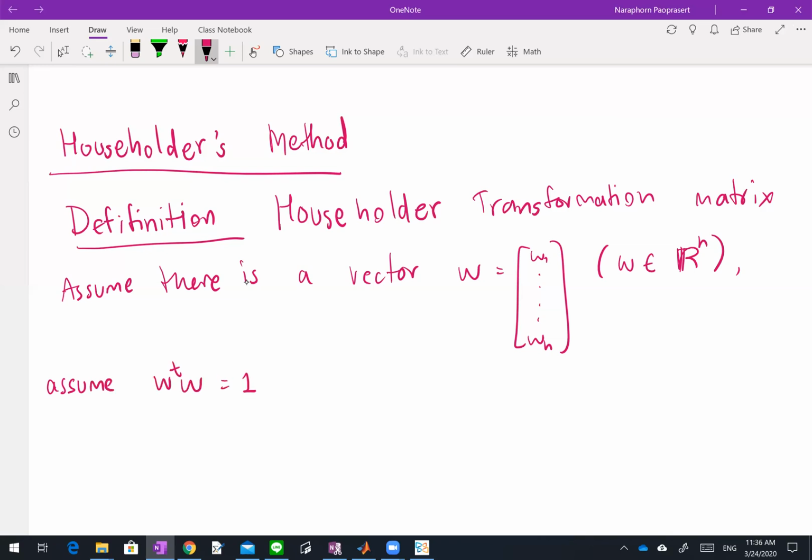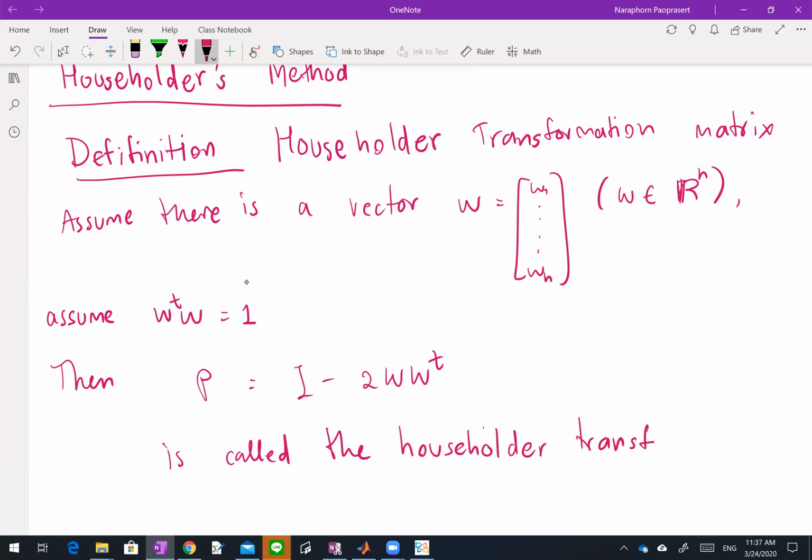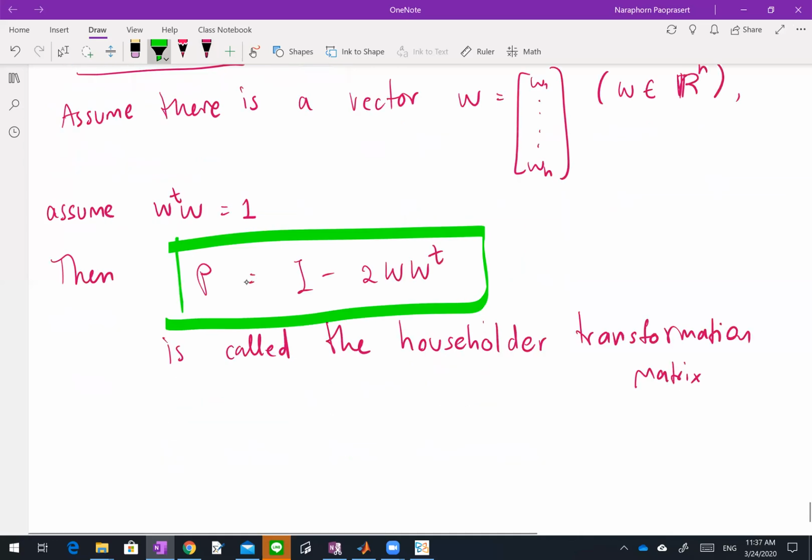This is the dot product of W. If this is true, then the matrix P equals I minus 2 times W W transpose is called the Householder transformation matrix. I'll put a box around this matrix because I'm going to use it a lot later on.